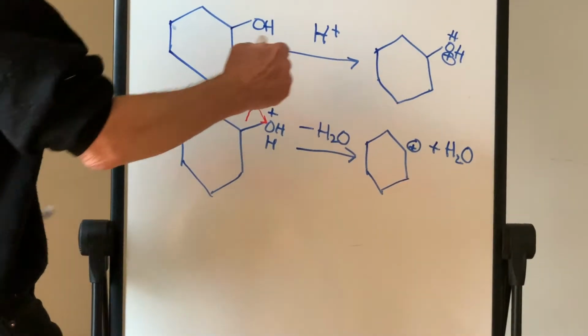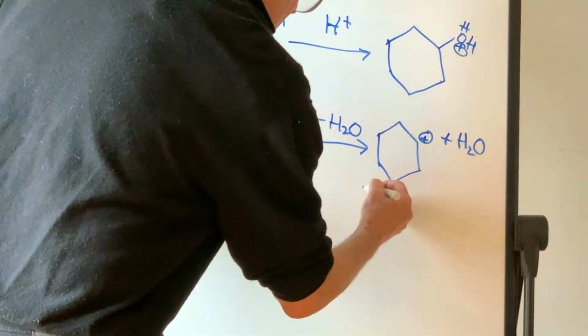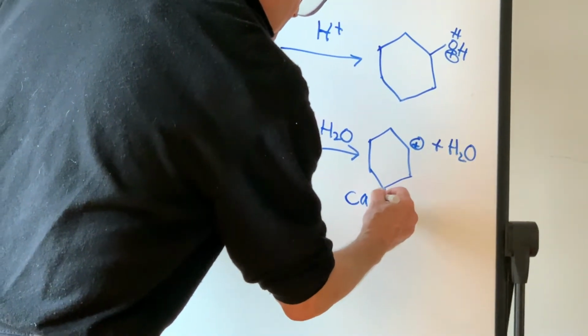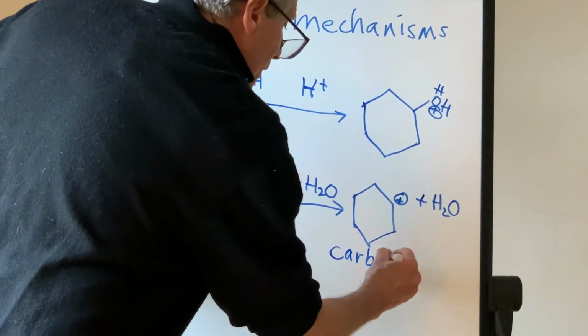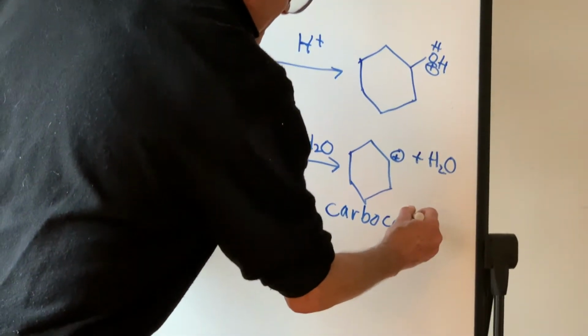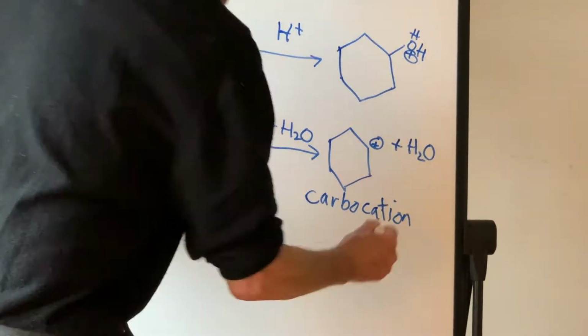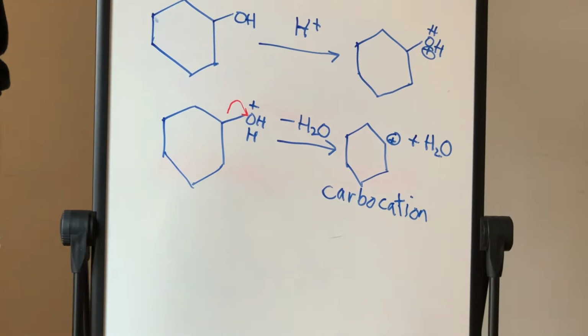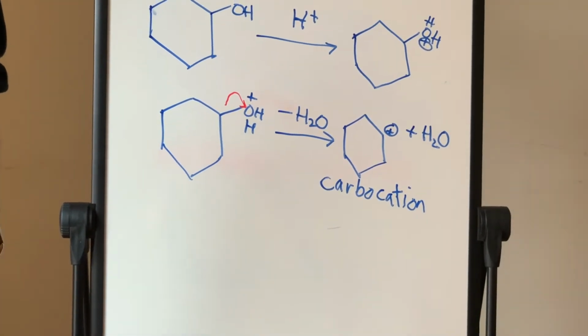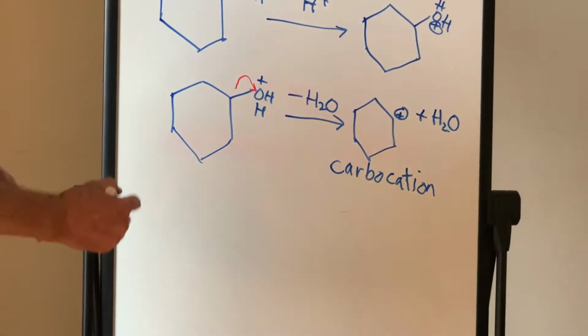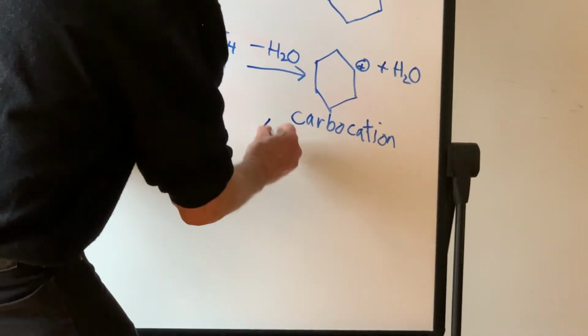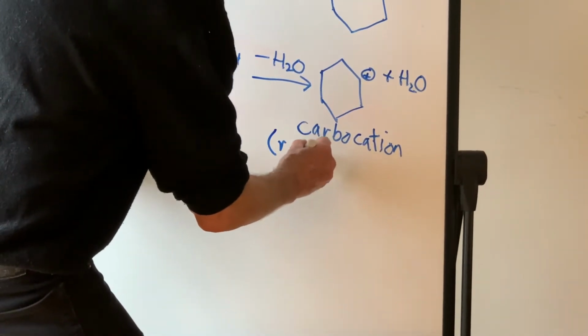Now, I shall teach you a word, but we'll get it many more times. Carbocation. A carbon that bears a positive charge is called a carbocation. It is an example of a reactive intermediate.